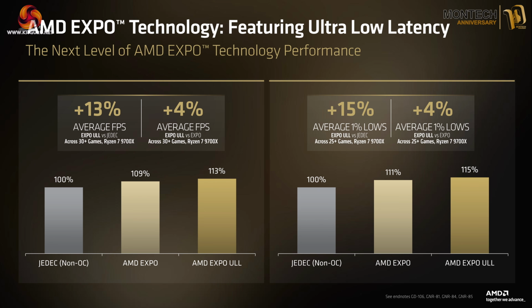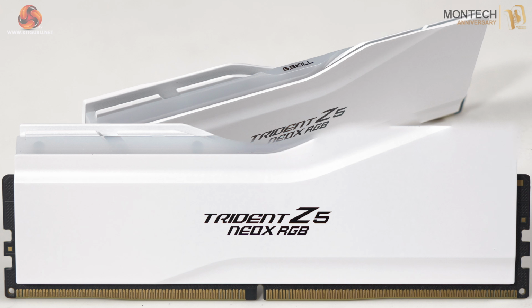Enabling EXPO gives us about 10% performance over JEDEC or default settings, which is a step up from 4800 megatransfers to 6000 megatransfers, and enabling ULL gives us a further 4%. We would have been using EXPO in any case, so the 10% is a given, and with this new memory, we're looking for that extra 4%.